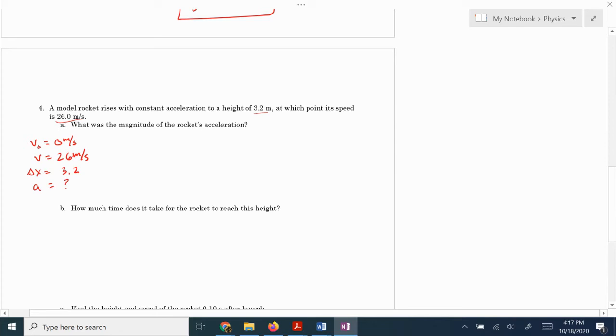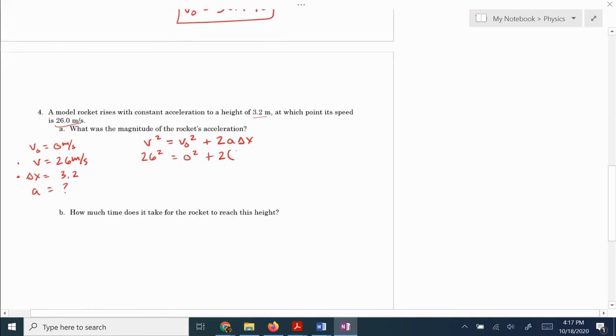So another Ringo equation. Final velocity 26, initial velocity 0. Again, that's because we have the final velocity and the position that we're going to end up using the Ringo equation.